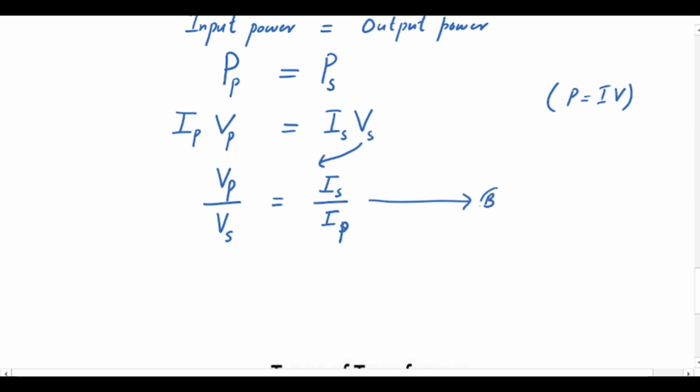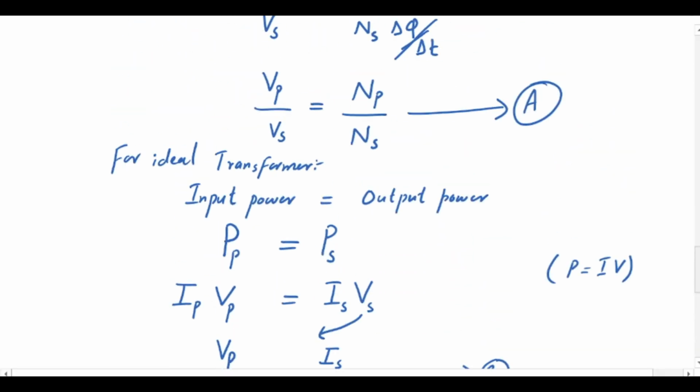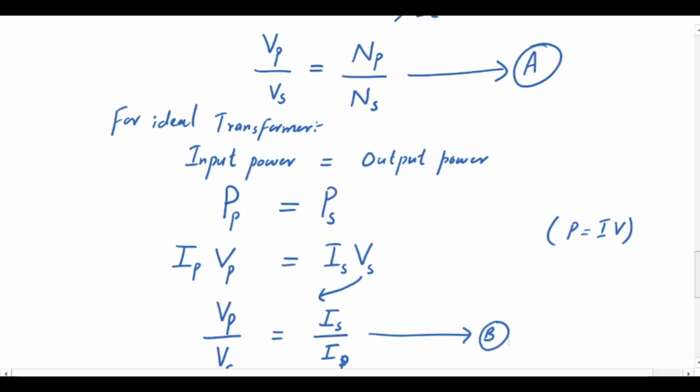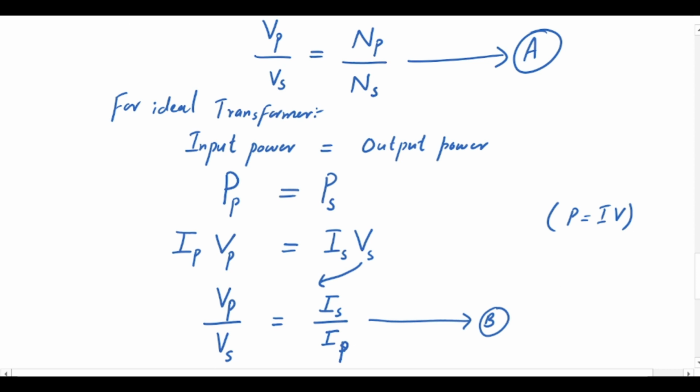Now compare equation A and B. See, equation A was VP over VS equals NP over NS, and also VP over VS is equal to IS over IP.